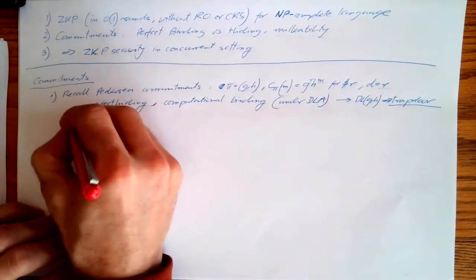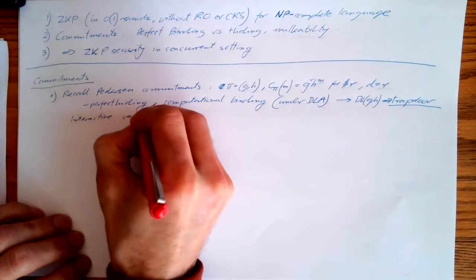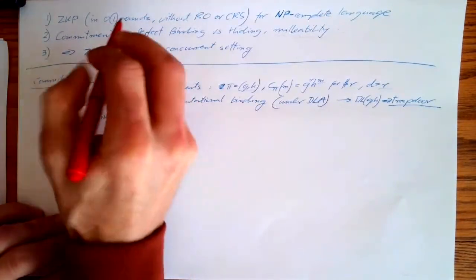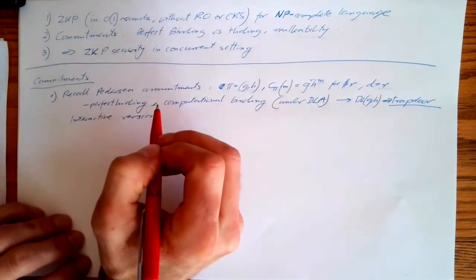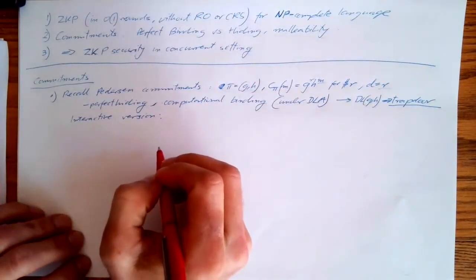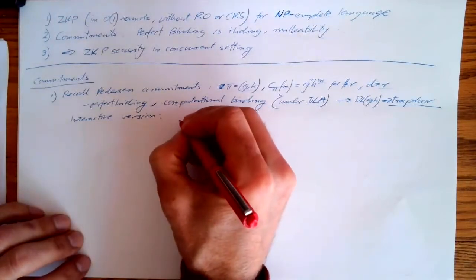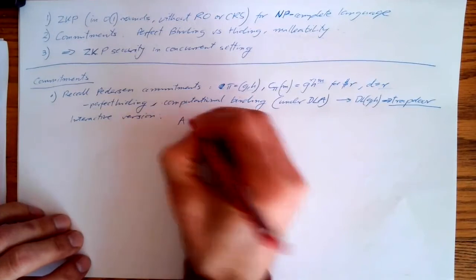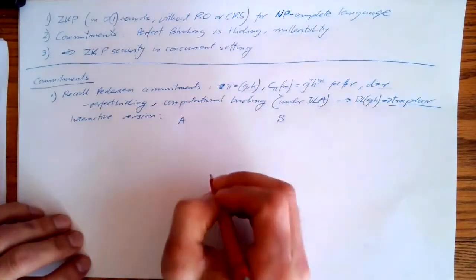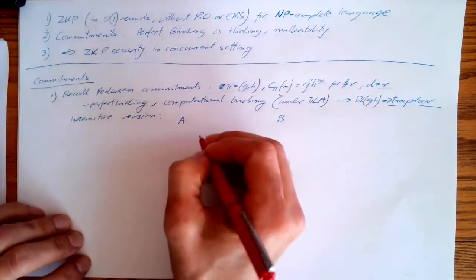But there is an interactive version in a zero knowledge proof. The parameters don't have to be announced beforehand. Perhaps in an interactive version, you have party A and party B. And how about if party A has to commit to something?